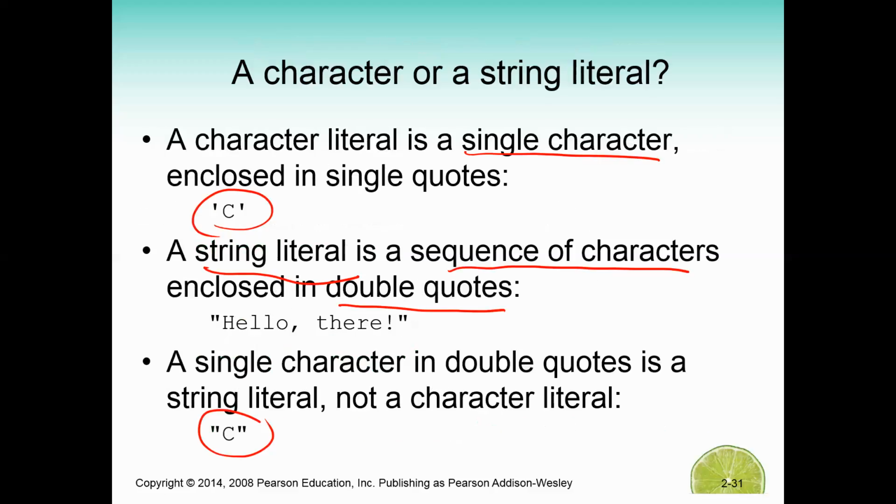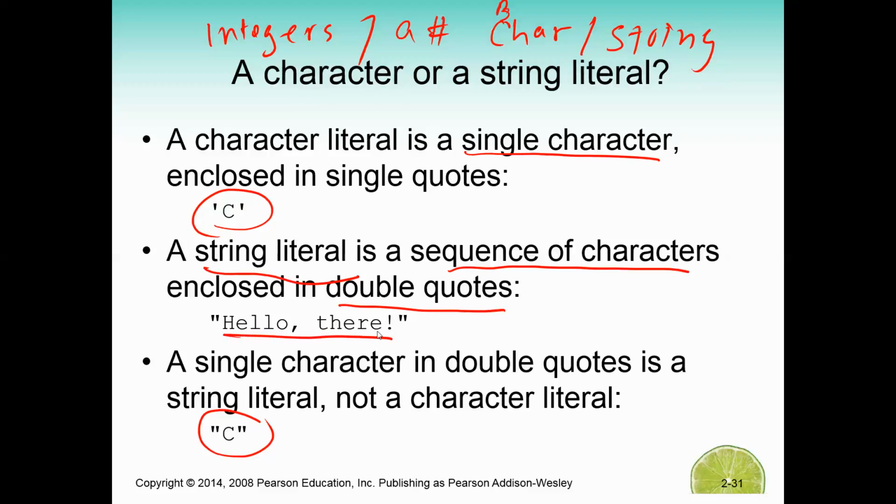Just like we have data types for integers and for absolute value numbers, we also have them for character, and for byte, and for strings, for this type of messages, for sequences of characters.